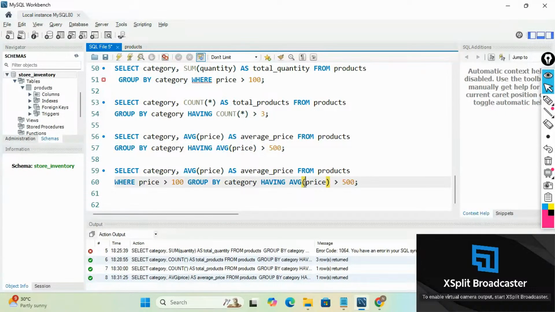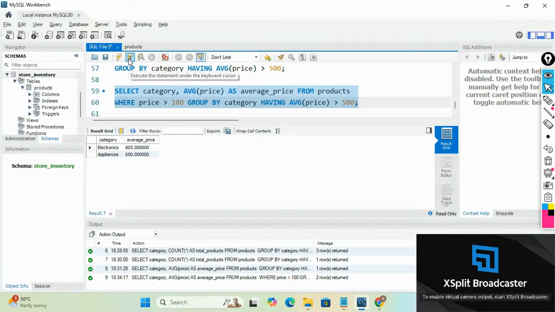Next, we have the third clause, having, where if the average of price is greater than 500, only then that particular category should be written. Let's see, will electronics be part of the output or not? It is. Got it?